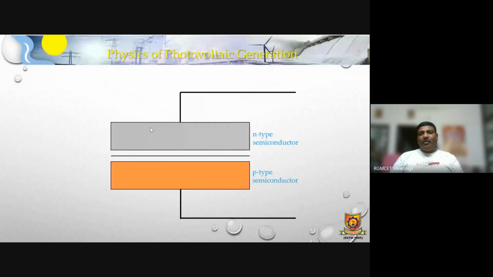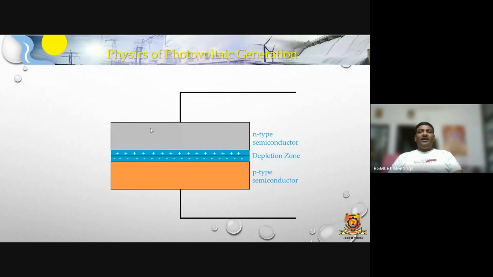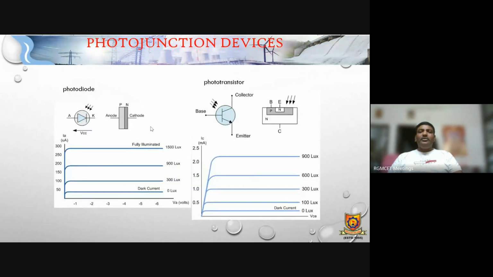This is the animation of what happens whenever the light falls on the n type semiconductor layer: the electrons pass from the p type layer to the n type layer and circulate through the load. Then the photo junction devices are the photodiode and phototransistor. These are the characteristics.